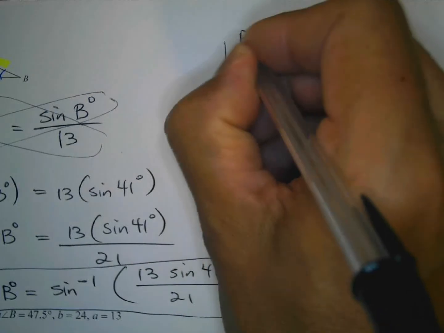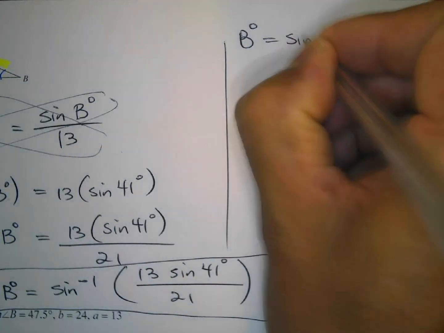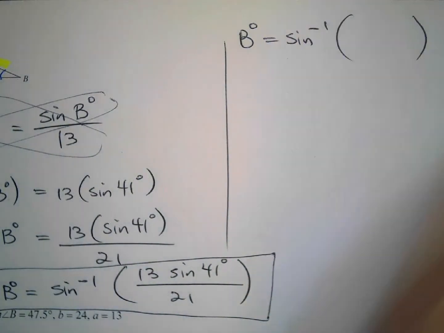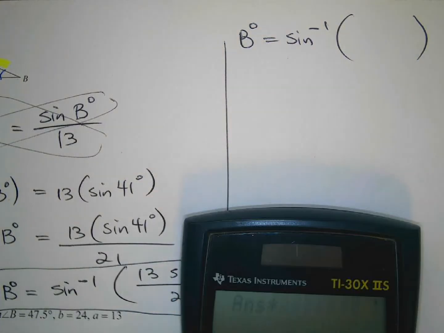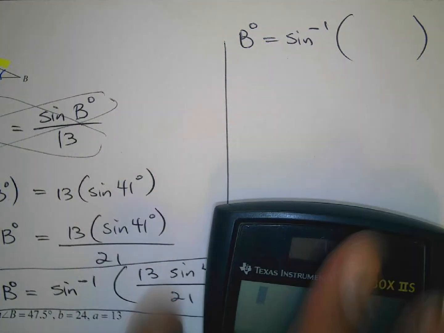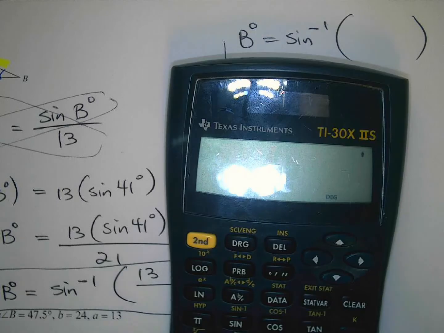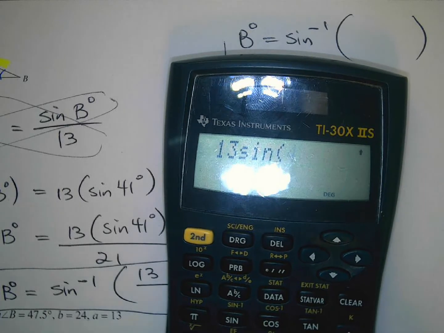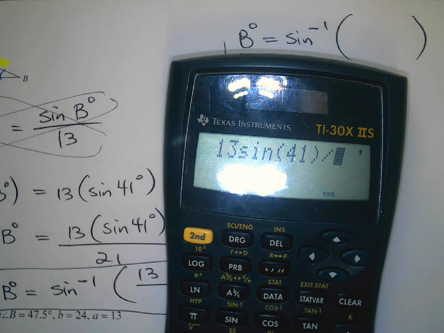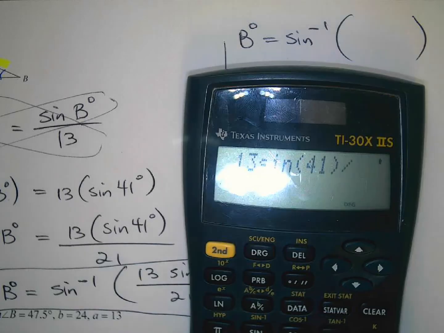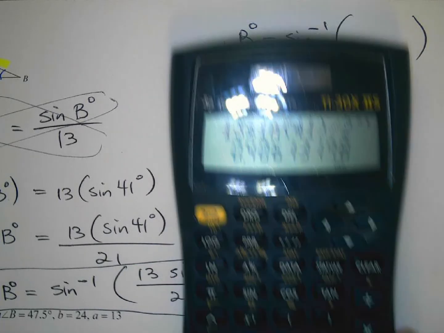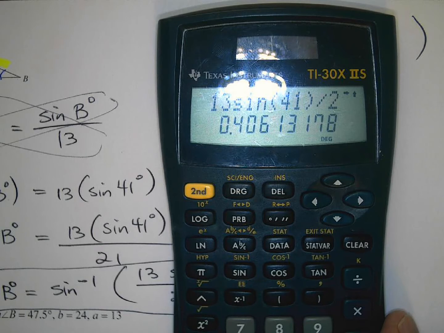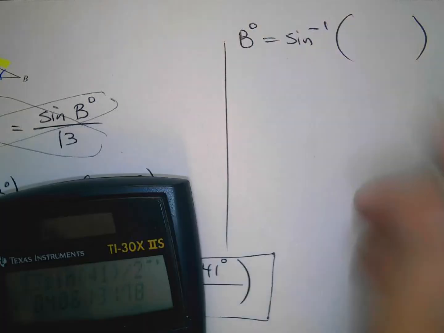That's going to be sine inverse of, if I do the 13 sine 41, if I get the decimal value for that, 13 sine 41 divided by 21, I'll get 0.40613178.